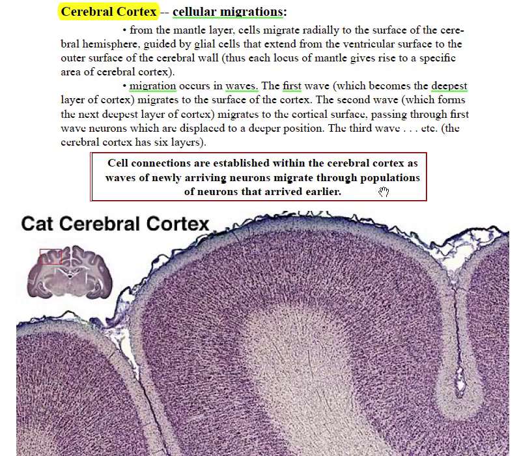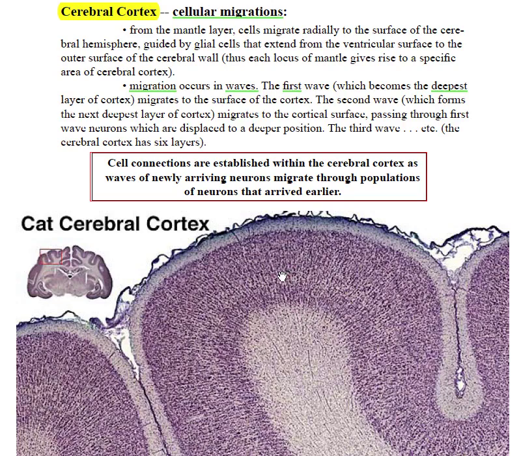And so cell connections are established within the cerebral cortex by waves of cells migrating through previously migrated cells. And those cells that were able to establish connections and get neurotrophic molecules survived. Those cells that were not able to establish connections as they migrated through subsequently degenerated.